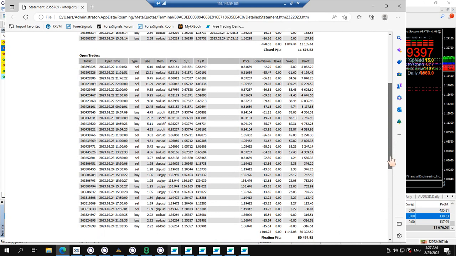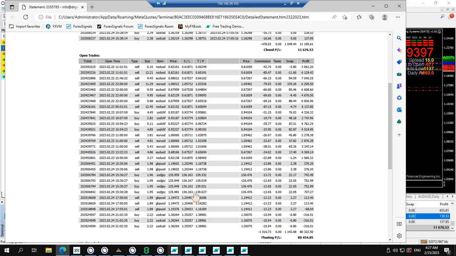Now you can see the open positions, and just to count them, we have 1, 2, 3, 4, 5, 6, 7, 8, 9, 10, 11, 12, 13, 14, 15, 16, 17, 18, 19, 20, 21, 22, 23, 24, 25, 26, 27, 28, 29. These are 29 open trades.